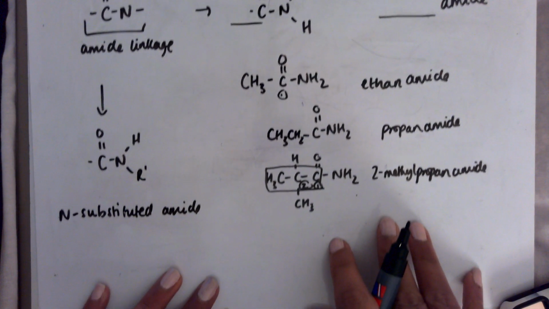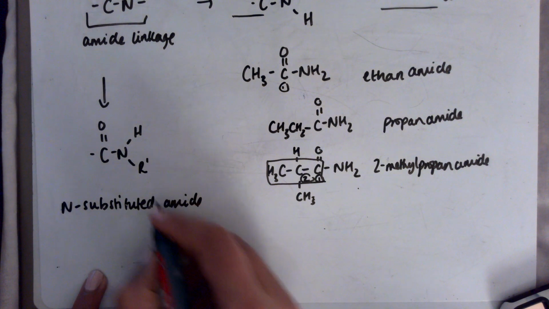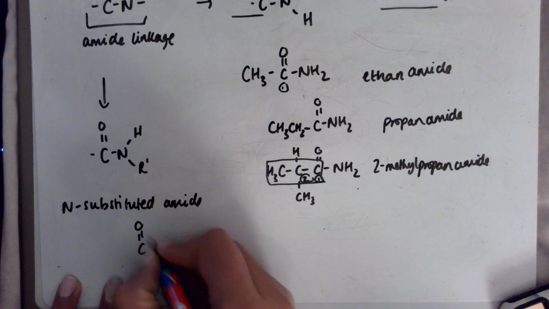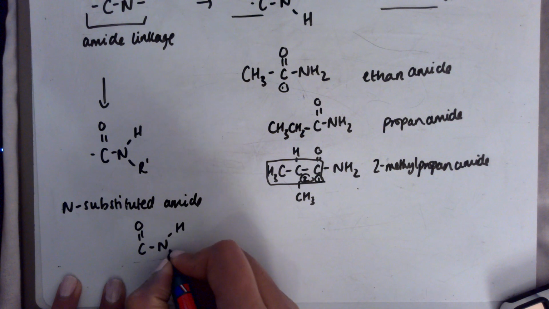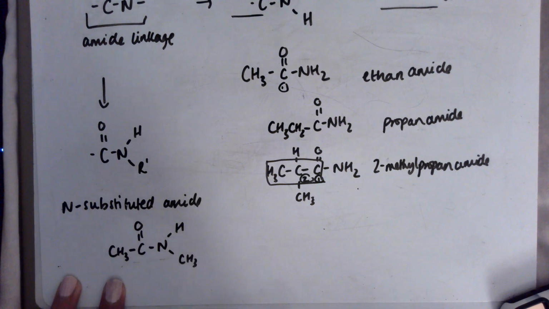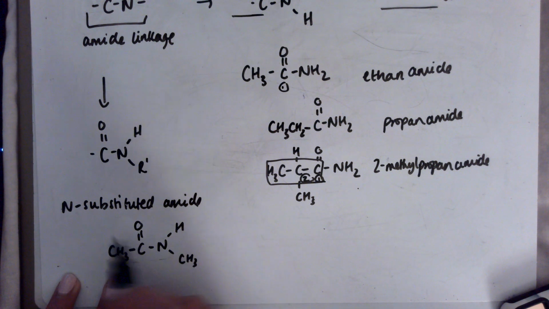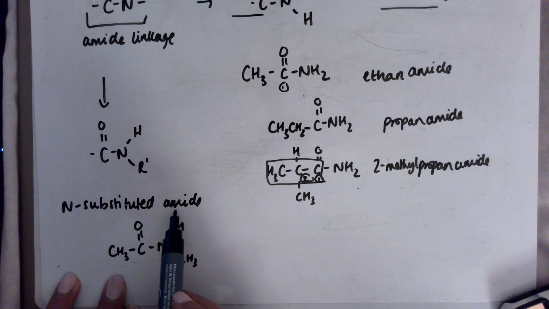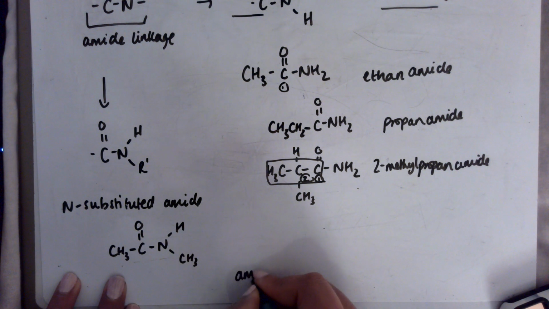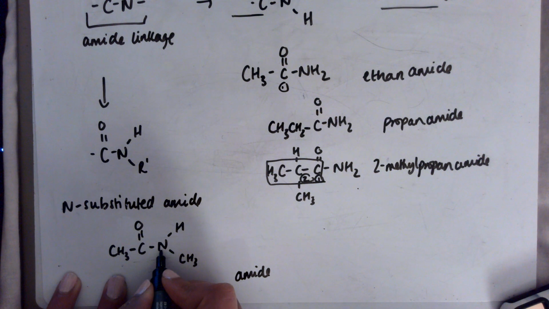We then have an example of an N-substituted amide. It's very similar in fact, not the same, but a similar principle applies. Let's say I've got something that looks like this. When I name it, we look at our N-substituted part, and we look at the fact we have an amide link, so I can write amide at the end because I have a C double bond O and N. But we have to do this slightly differently.